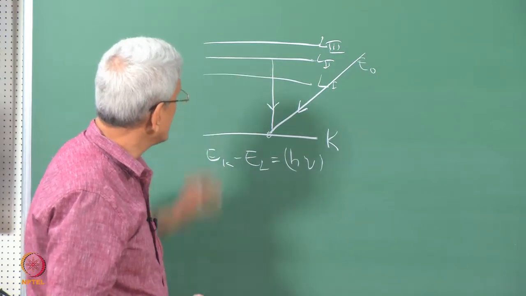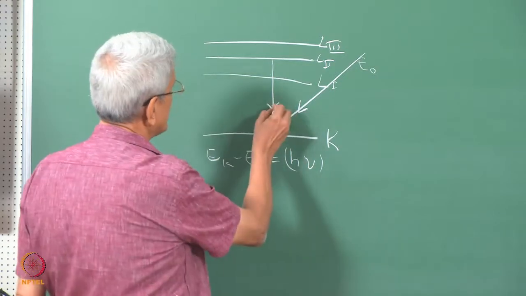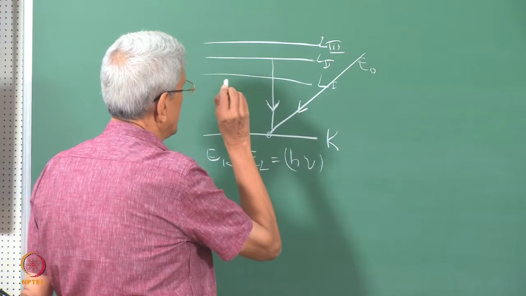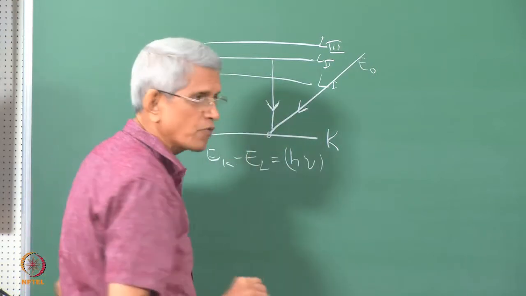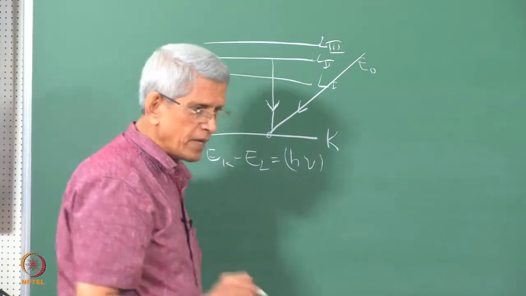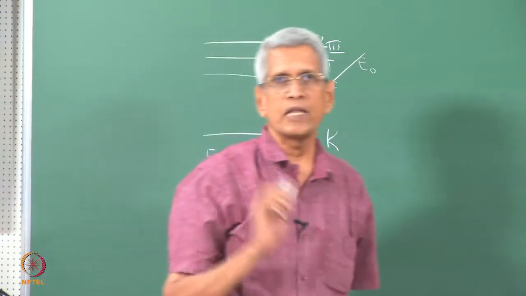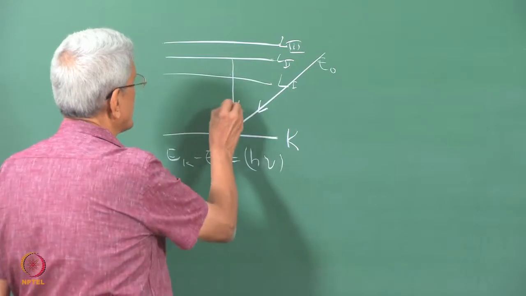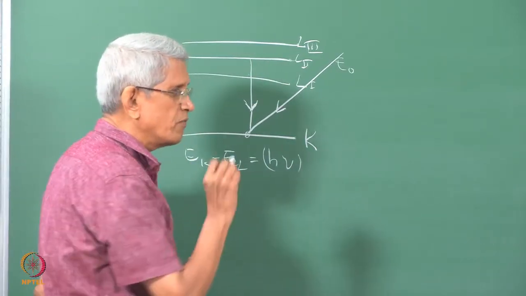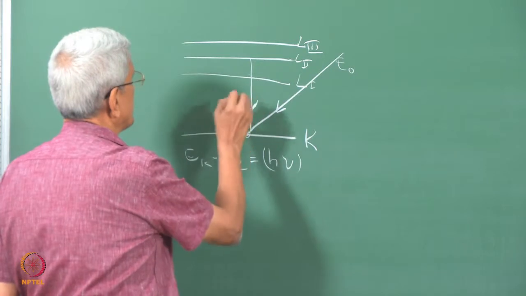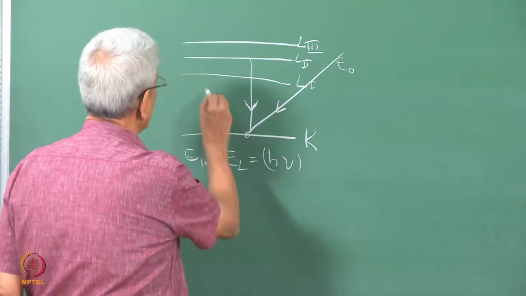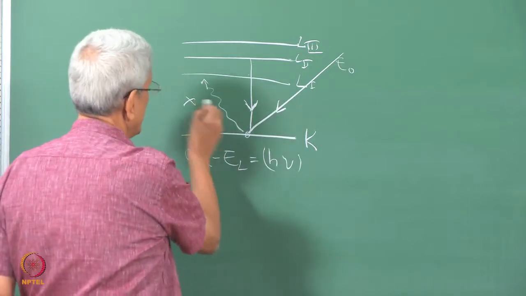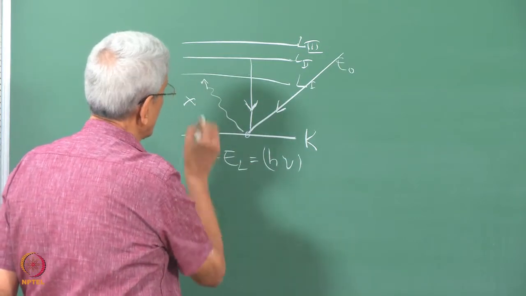If we measure the energy of the X-rays coming out from the sample, from that we can find out which element is responsible for this X-ray emission. So, using these characteristic X-rays, we can identify the elements present on the sample surface. The energy of this X-ray, h nu, is Ek minus El.